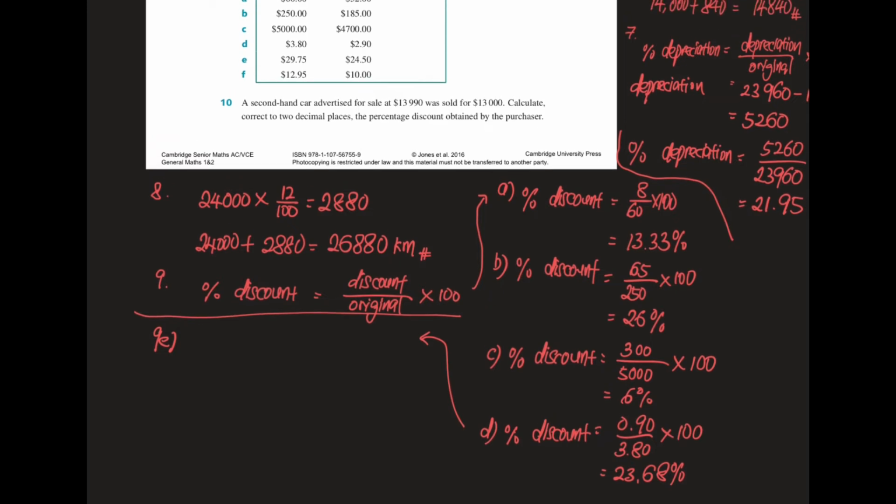Okay, 9E. Again we see the difference. The difference is $5.25.